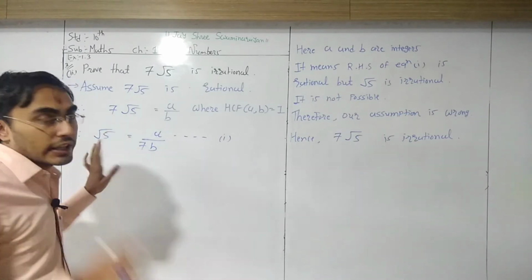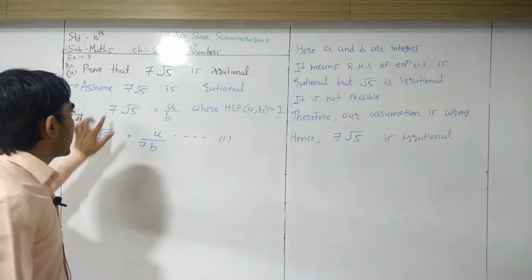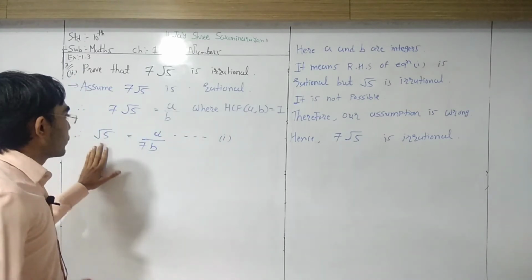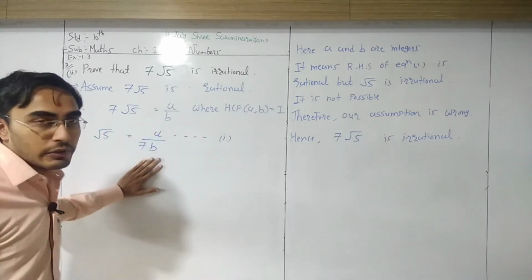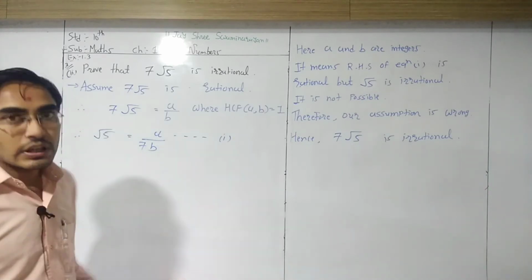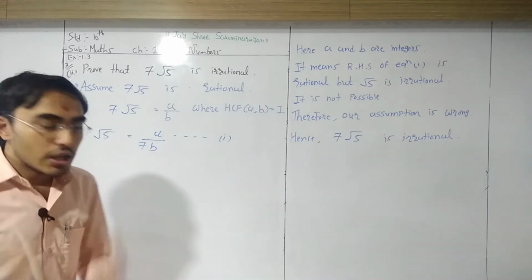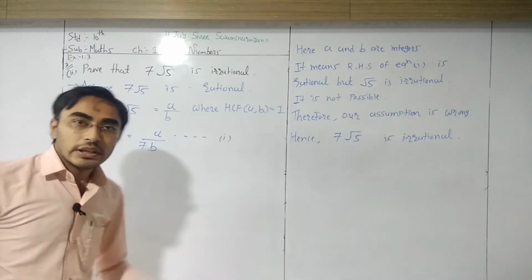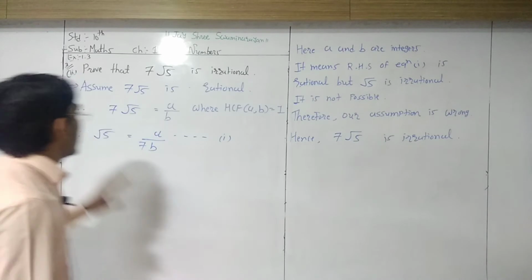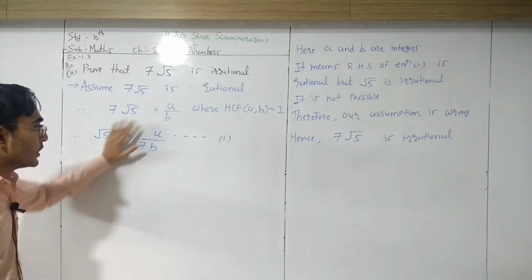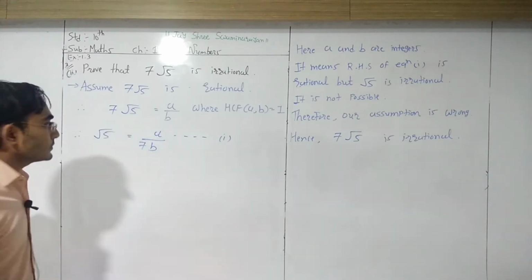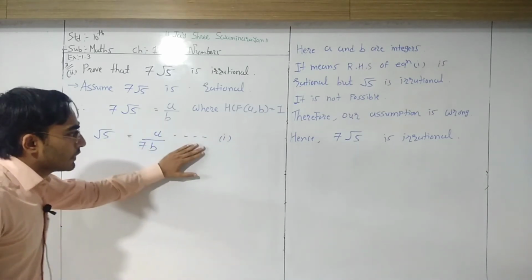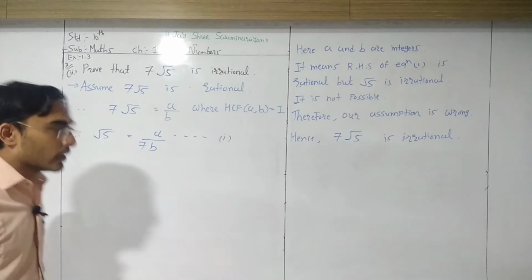Here 7 is in multiplication, so if we transfer it to the right hand side, it goes to the denominator. So under root 5 is equal to a upon 7b. Here we have only under root 5, so give it equation number 1.